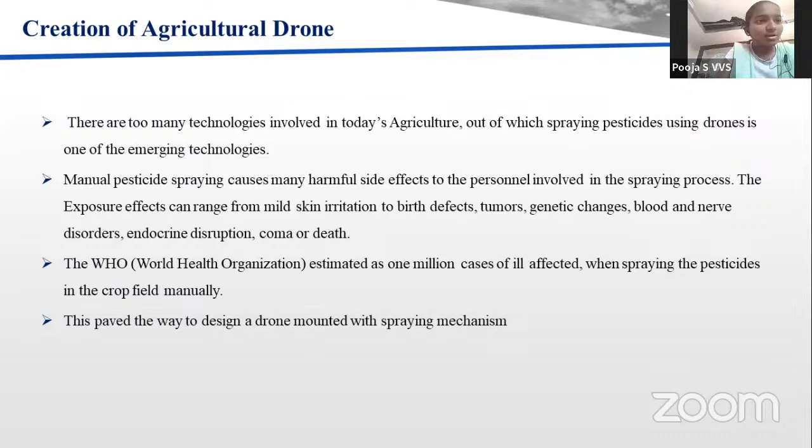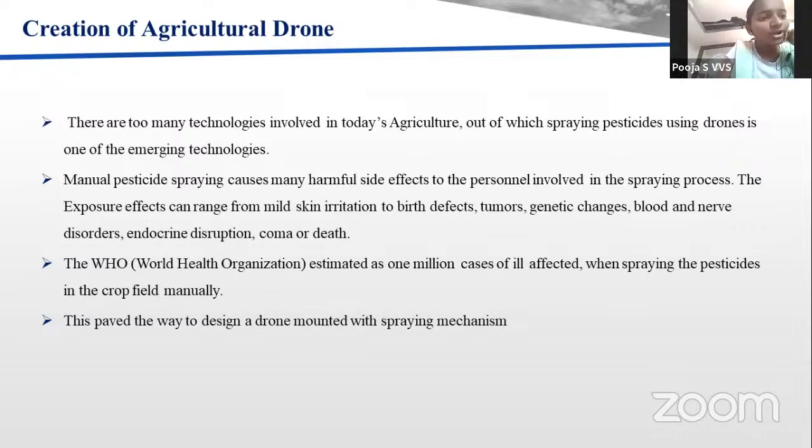And next one, manual pesticide spraying causes many harmful side effects to the personnel involved in the spraying process. The effects range from mild skin irritation to birth defects, tumors, genetic changes, blood and nerve disorders, endocrine disruption, coma, or death.